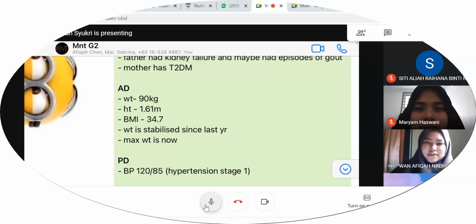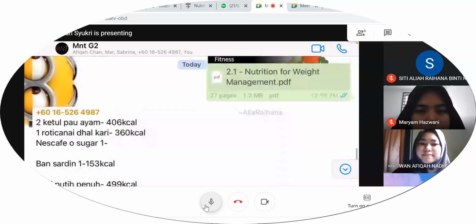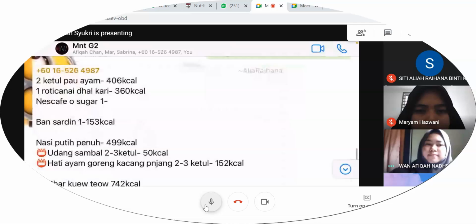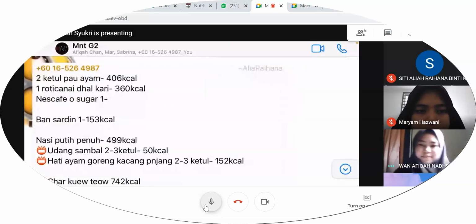Afika, which slide do you want to present? We'll open it. The slide with breakfast and all that. Alia's? Okay, which one do you want to present, FH? You want to try? Yes, okay, FH. So you present the detail of FH, yeah? Okay.